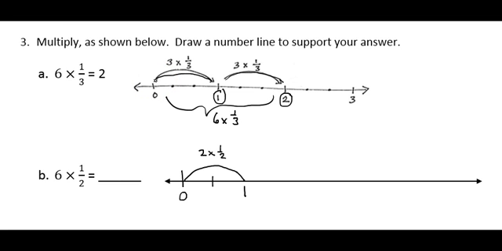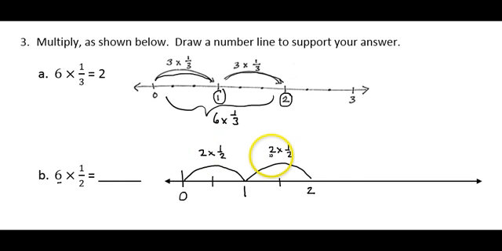So here I have 2 groups of 1/2. That put me at 1 whole. Well, I need 6 groups of 1/2 altogether, so I need to keep going. I'm going to do another hop that shows 2 groups of 1/2. That will land me at 2 wholes. And there's my second group showing 2 groups of 1/2.